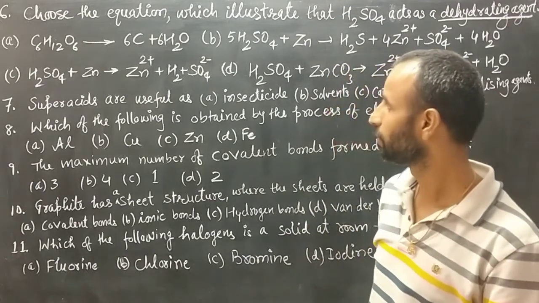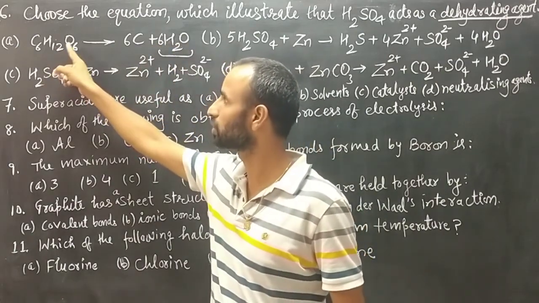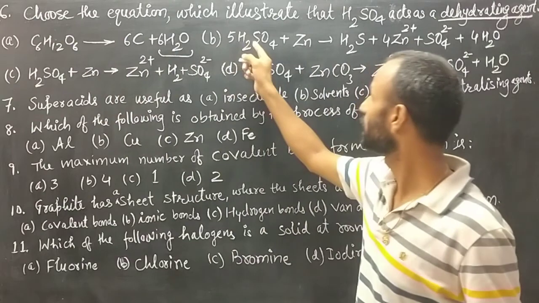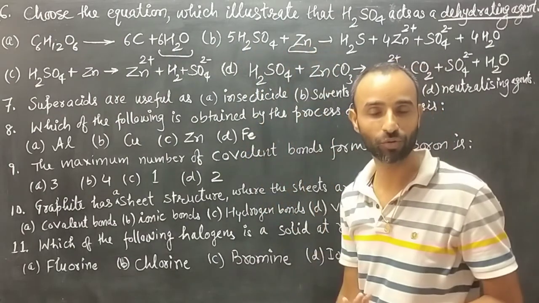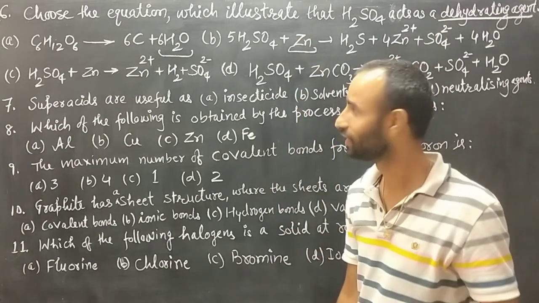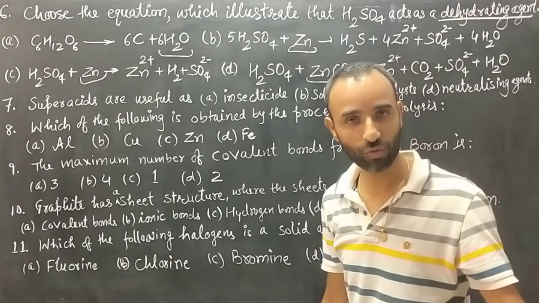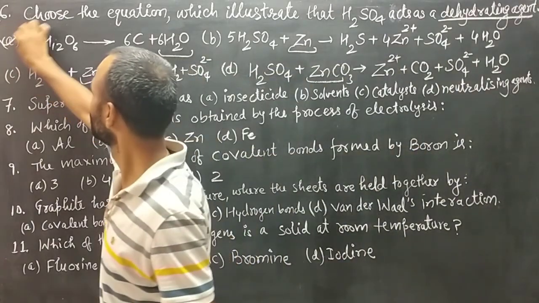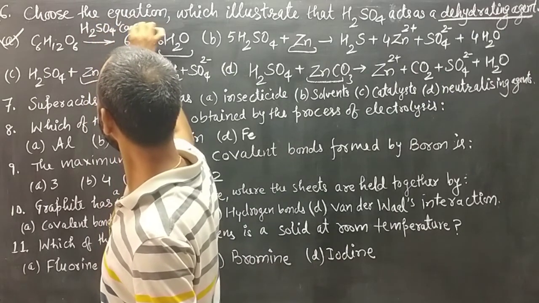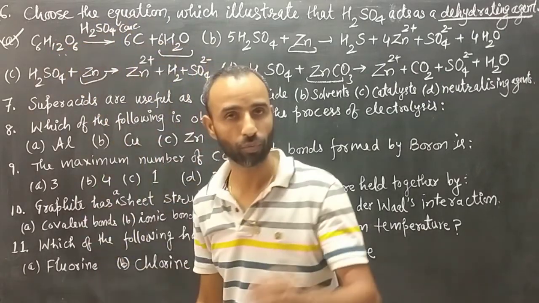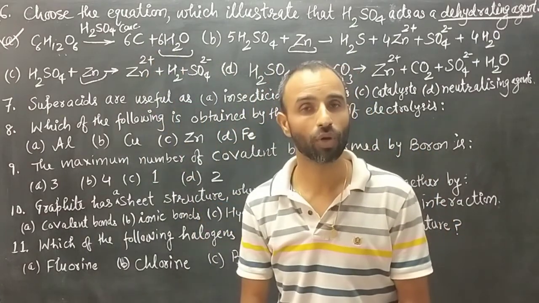Okay, so see, in the first case there is a removal of water because it has hydrogen and oxygen. In the second case, zinc carbonate has no hydrogen and oxygen to remove as water, so there is only one option, because when concentrated H2SO4 is added, there is a formation of charcoal, carbon, along with removal of water.